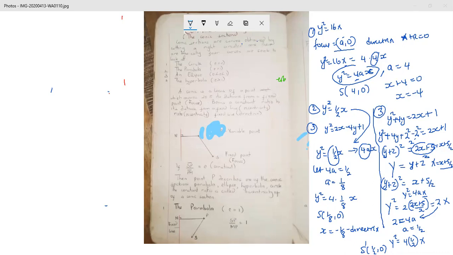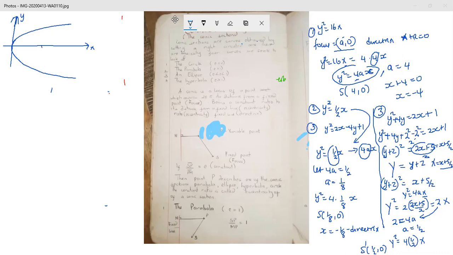So here we are. So we have the condition for the focal chord.